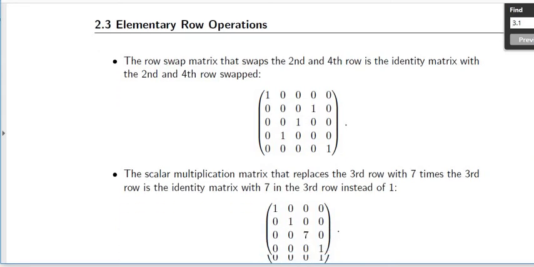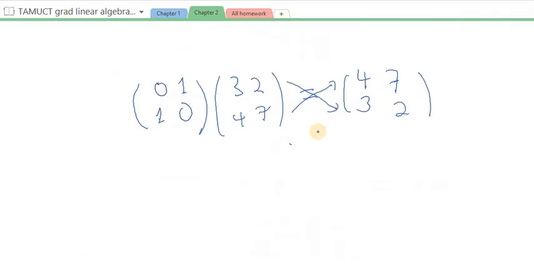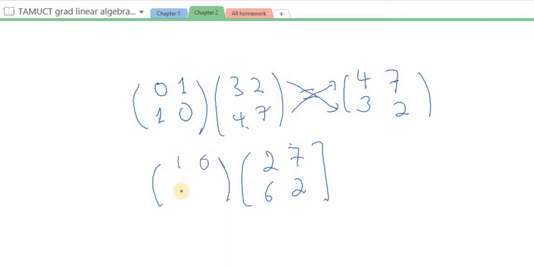Now, if I want to multiply row 3 by 7, all I do is take the identity matrix and multiply one entry, the third entry in the diagonal, by 7. Now let's again do a simple example. Suppose I start with a matrix 2, 7, 6, 2, like that. And suppose I want to multiply the second row by a 5. So that should be 1, 0, 0, 5.